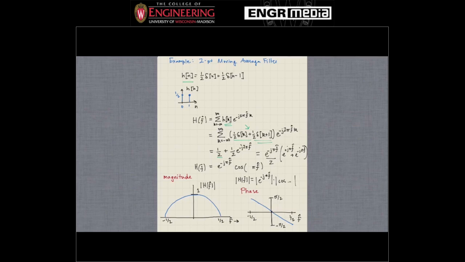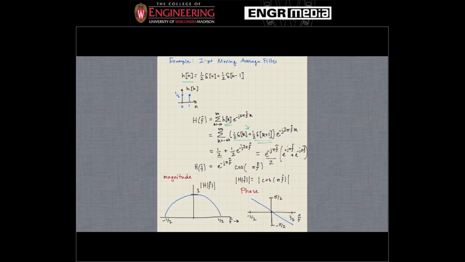And this first part is just 1, so that goes away. Let me erase that. All we're left with is the absolute value of cosine of pi f hat.